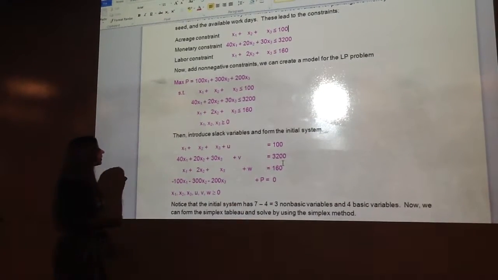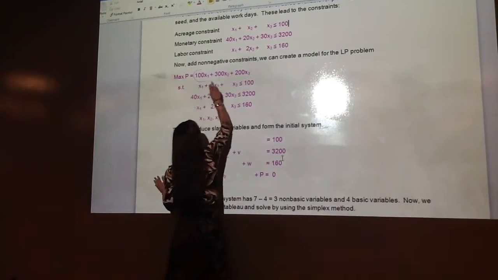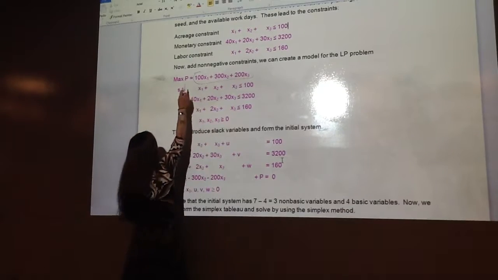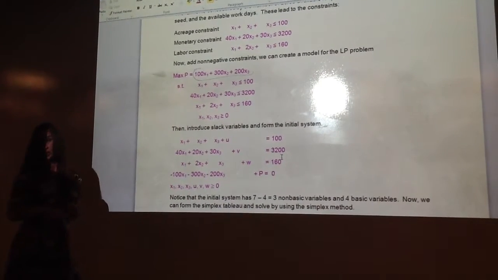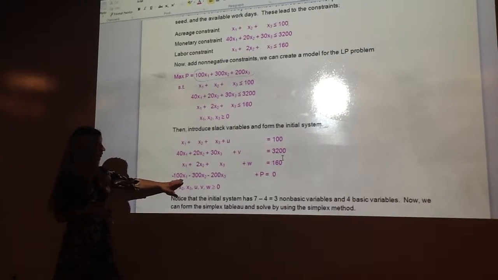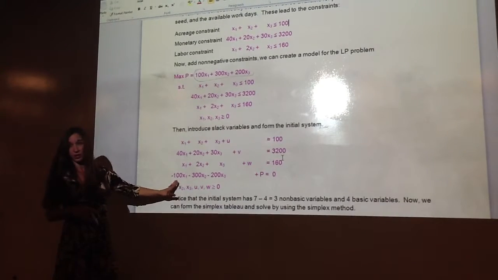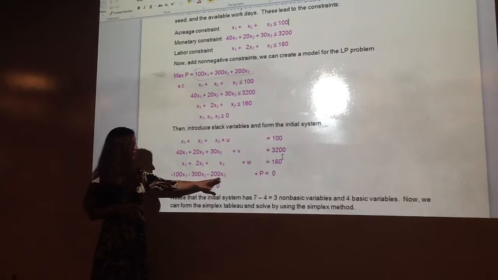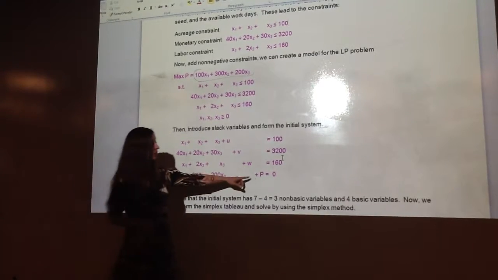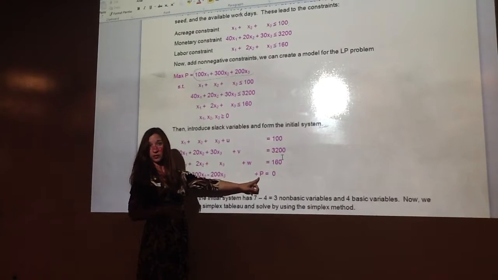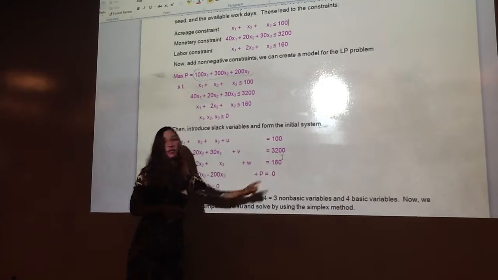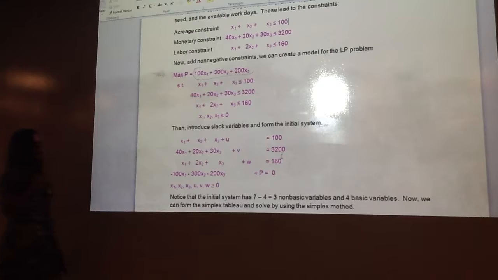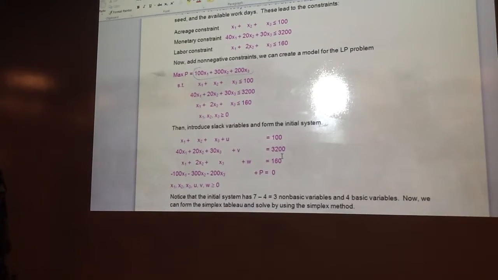And then finally, the last part is to take all the variables on the right-hand side of the objective function and move them over to the left, changing the signs of all of them. So negative 100x1 minus 300x2 minus 200x3 plus p, the objective function variable stays positive, and then that whole equation is set equal to 0 because there's nothing left on the right-hand side.